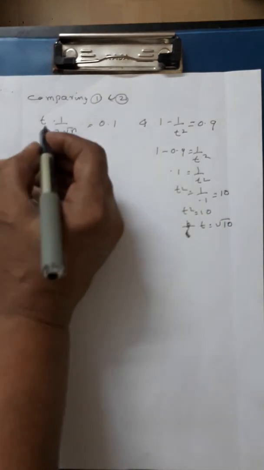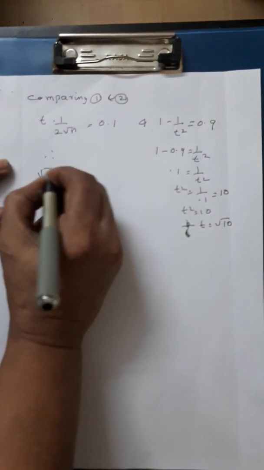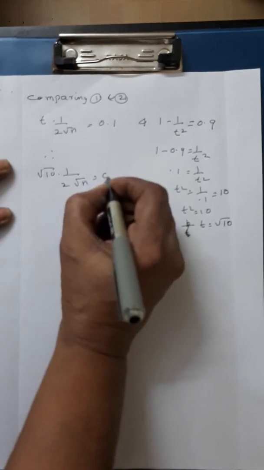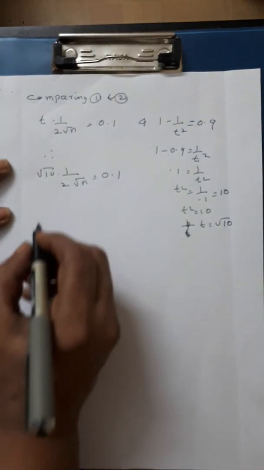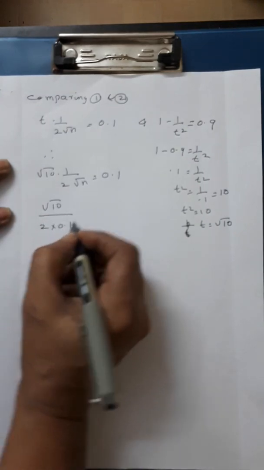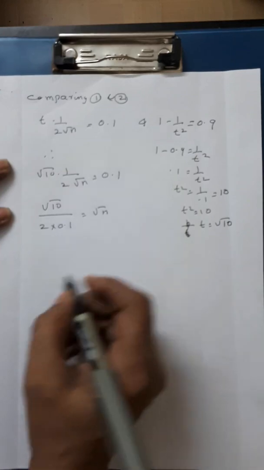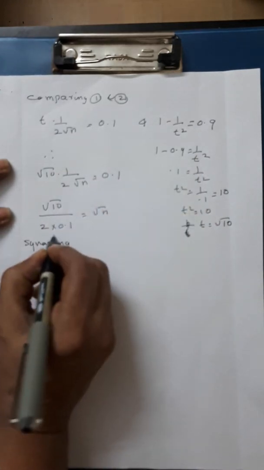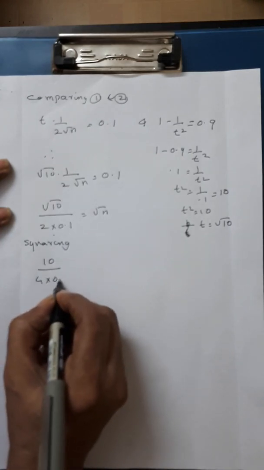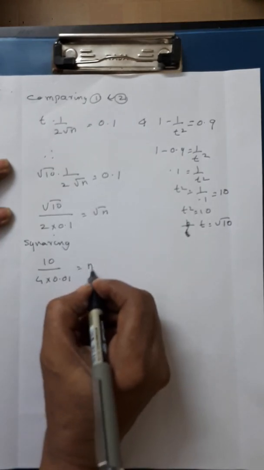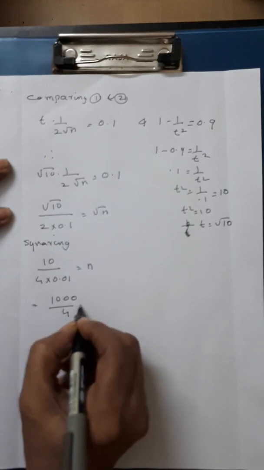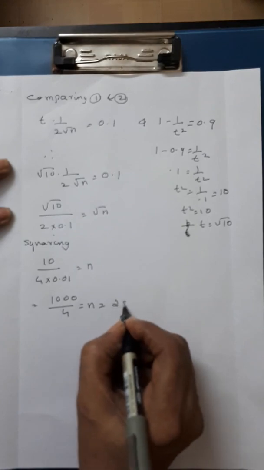Applying this root 10 here, root 10 into 1 by 2 root n is 0.1. That is, root n is root 10 by 2 into 0.1, which is root 10 by 0.2... Squaring this expression, we have n equal to 10 by 4 into 0.01, that is 1000 divided by 4, equal to 250.